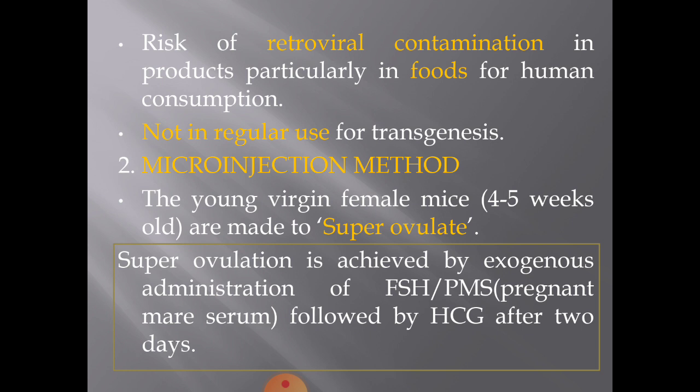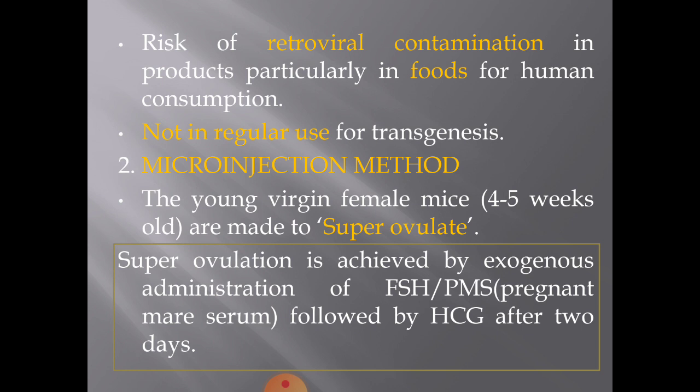Young virgin female mice. Virgin means the females which have not copulated with males. They are called virgin females of 4 to 5 weeks age, okay, around 1 month, right? So the young virgin female mice are made to superovulate.